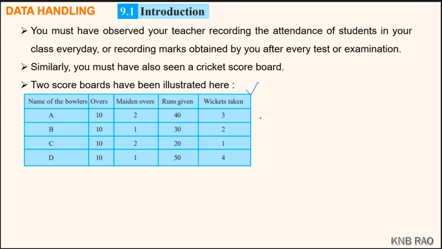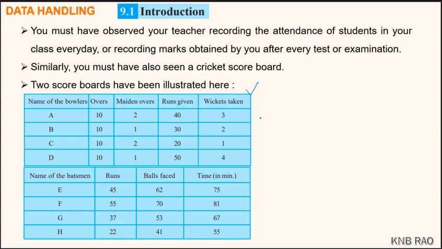Now this sort of performance table of bowlers you have seen while watching cricket, and I am going to show you one more table, a table showing the performance of batsmen.